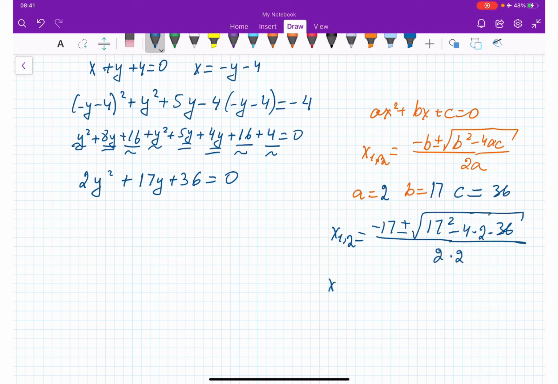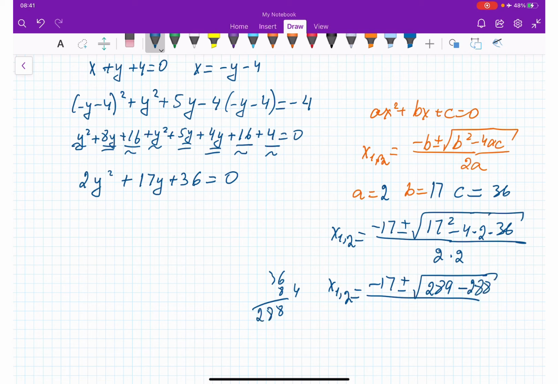All right, x1,2 is equal to negative 17 plus or minus the square root of, I believe, 289 minus 4 times 2 is 8, 36 times 8, 288, okay, and divided by 4.